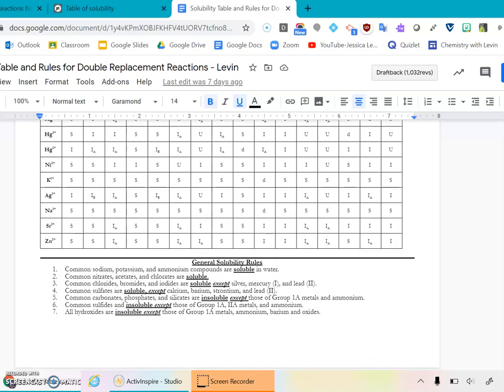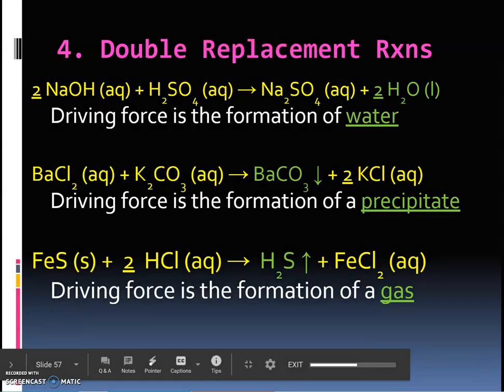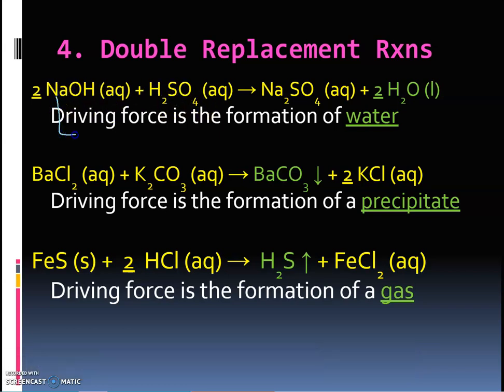If something isn't on here, you can always go through your general solubility rules, which also can help you. So if we go back to our presentation, you'll see what we're talking about here. If we have NaOH and H2SO4, the Na and the SO4 and the H and the OH get together.